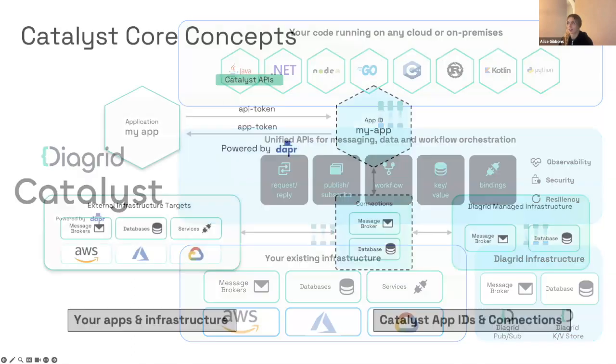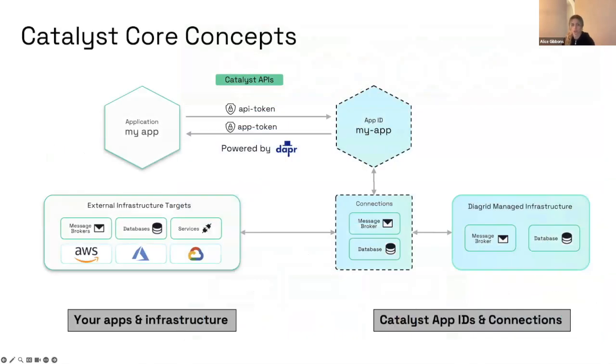With that, I wanted to get into a few of the core concepts and then jump into a quick demo. The core concepts that I wanted to talk through within Catalyst are the application identity and connection concepts. You can see on this slide I have my application, again running on any platform where you're already running it, locally, on GCP, or on AWS.